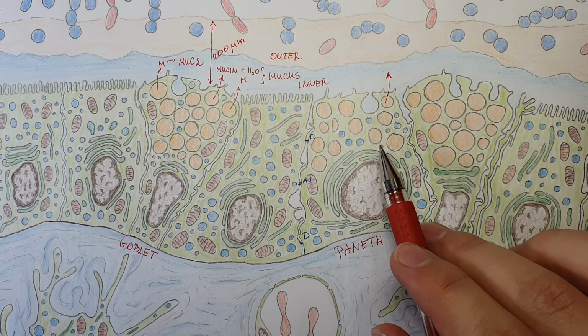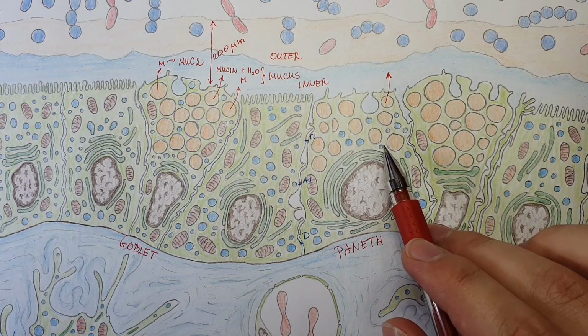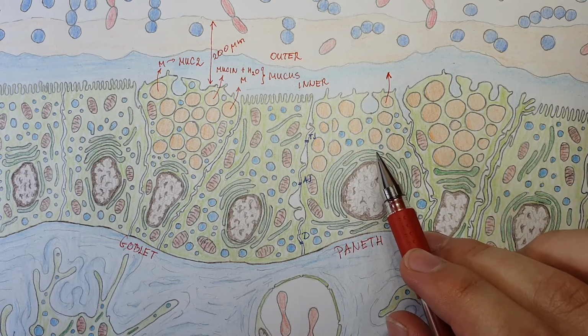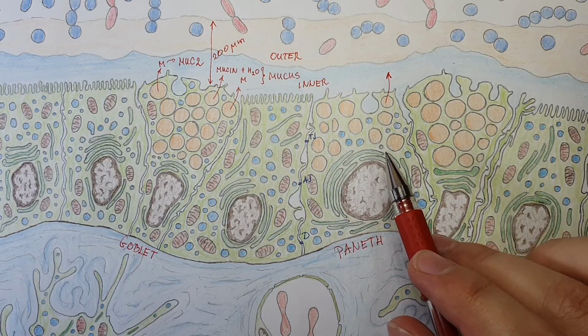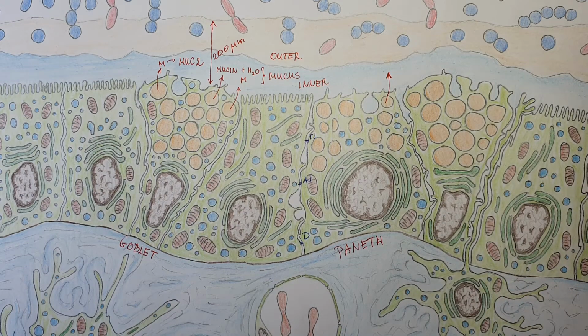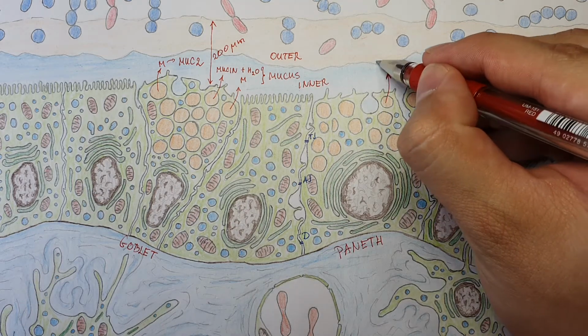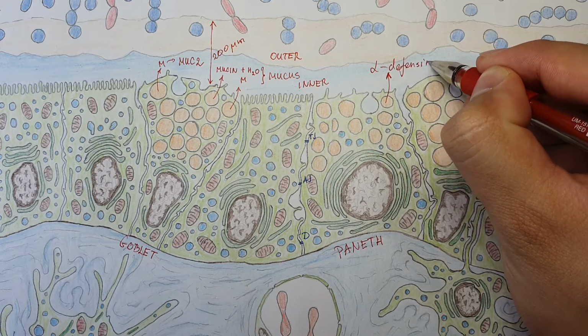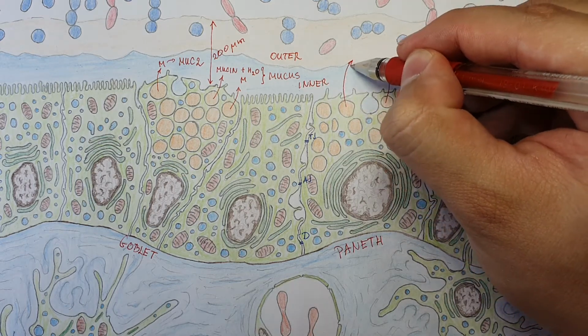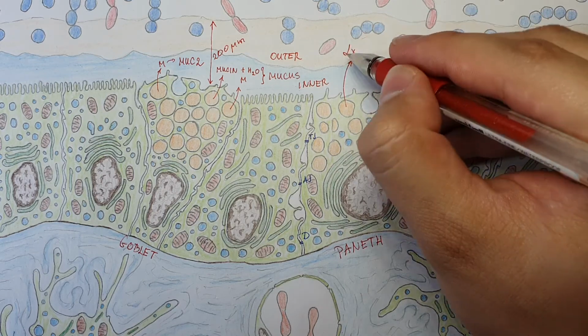Also, these granules contain special antimicrobial proteins and compounds, and they are important in the fight against mostly bacterial pathogens, and they have a possibility of destroying many microorganisms. So one of the proteins is alpha defensin. Another is lysozyme.